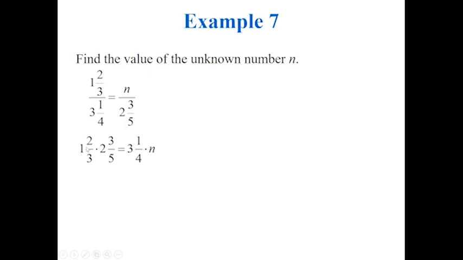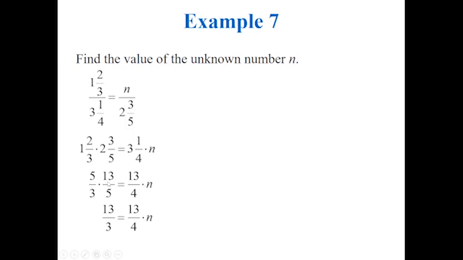So 3 times 1 is 3 plus 2 is 5/3. 5 times 2 is 10 plus 3 is 13/5. 4 times 3 is 12 plus 1 is 13/4.